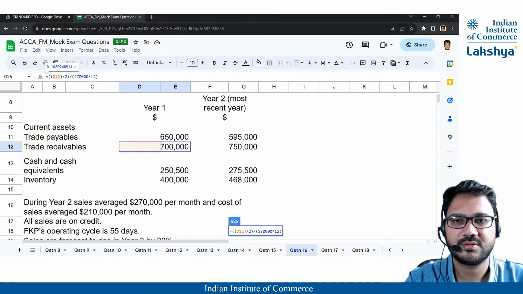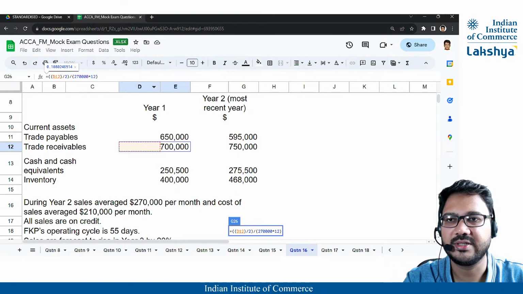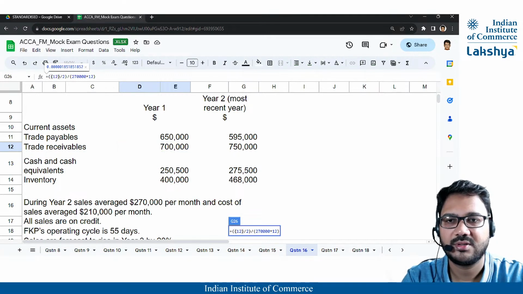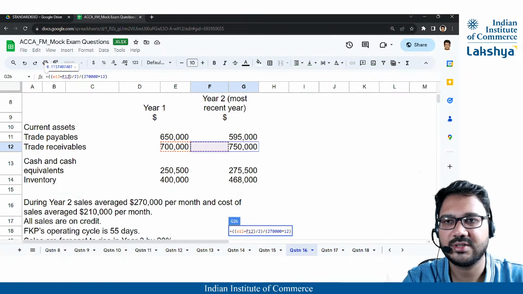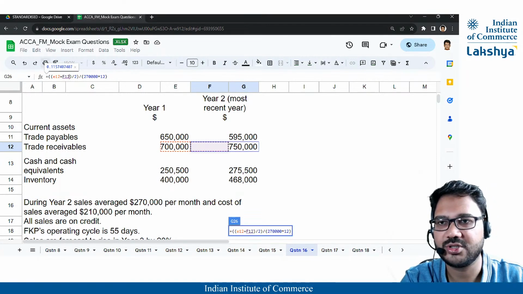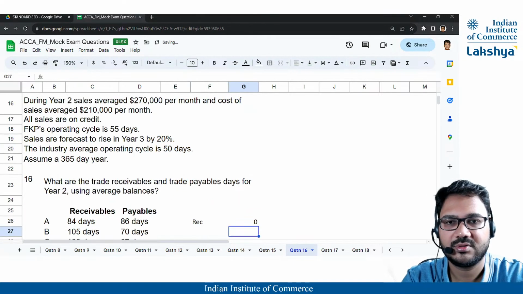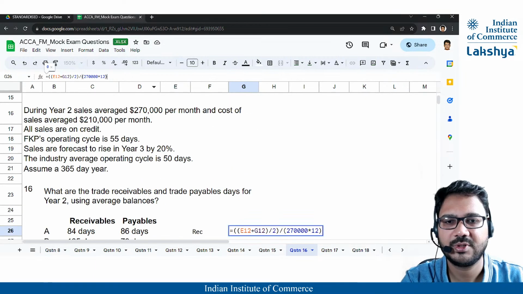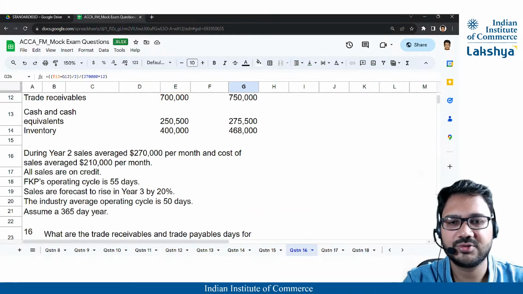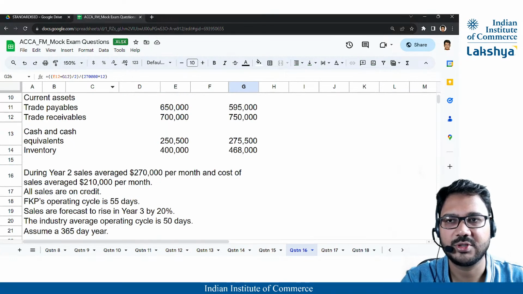Why is it selecting D12? It's not D12, it's E12. E12 plus G12. I don't know why the other cell is getting calculated. Let me just type in the values manually. Maybe then it would work.